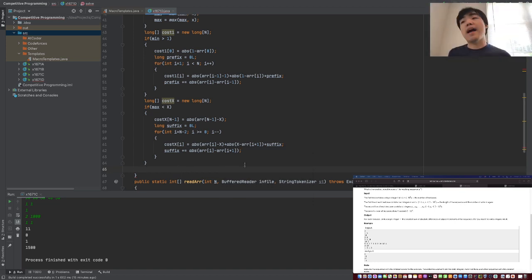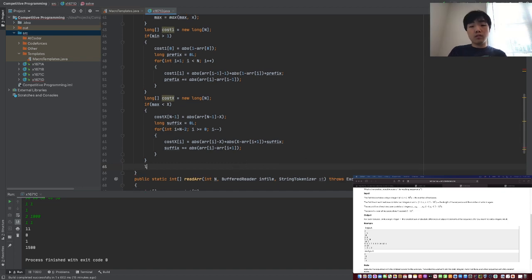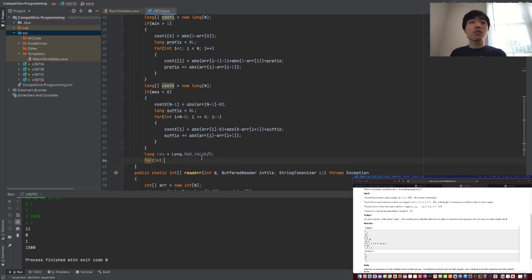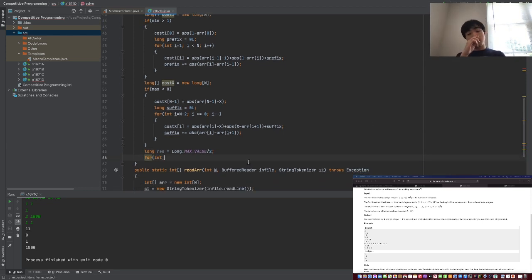This is like at or after, essentially. So long res is equal to... we want to choose every starting point, basically.